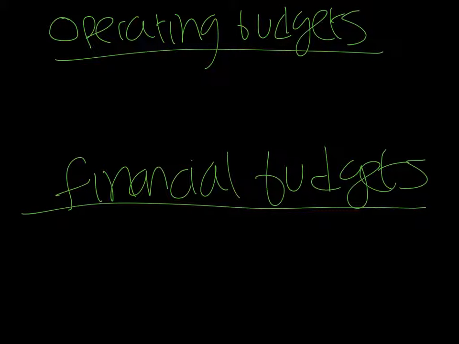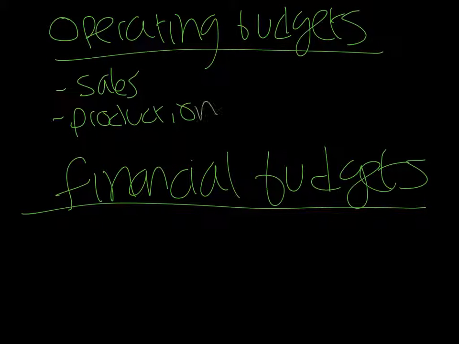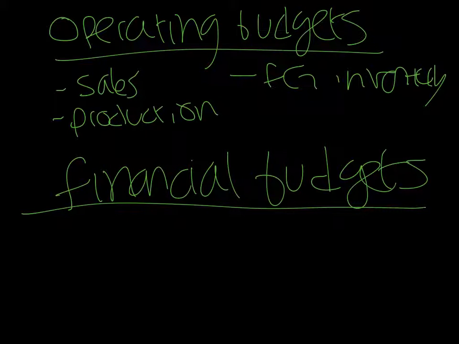The main budgets that fall under operating budgets are what brings revenue to the organization, which are considered to be sales, production, finished goods inventory, and the budgeted income statement.